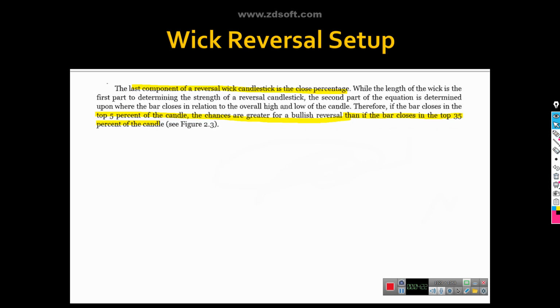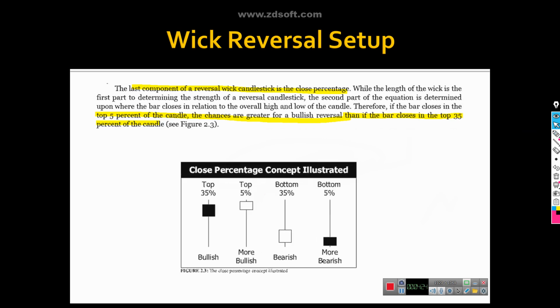I'll show you one more picture, maybe you will understand this. See here, the top and the closing have a 35% gap, correct? Here the top and the closing have only a 5% gap, meaning the difference between the top and the closing. Here the closing and the bottom have 35%, and here it is 5%.